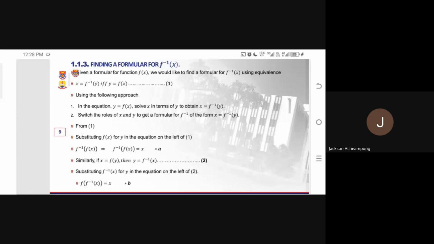Let us note that if you have a function and its inverse, it will give you back whatever is inside. We have A and B: A says that f inverse of f of x is equal to x.